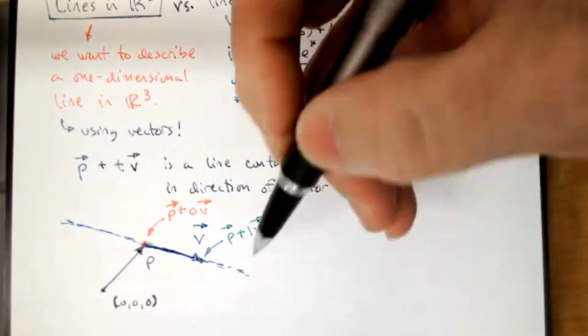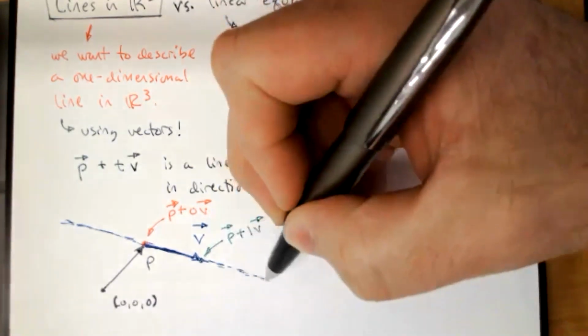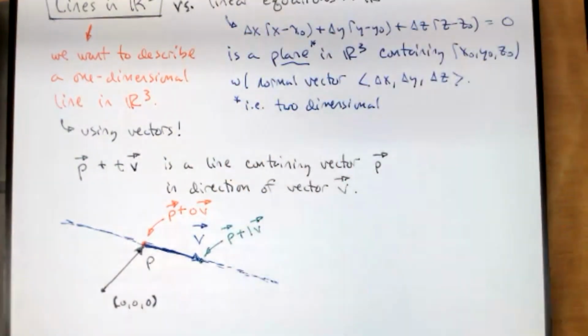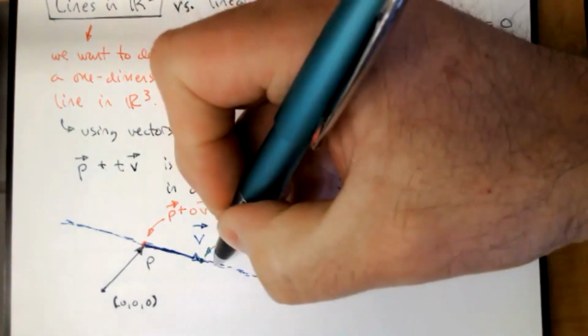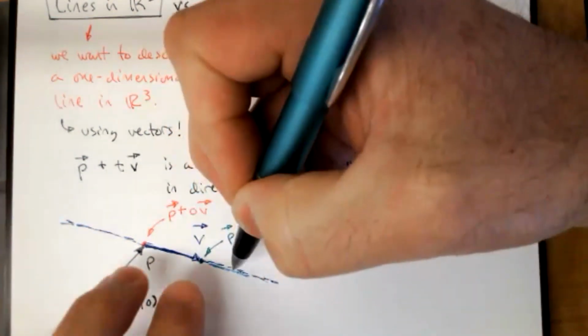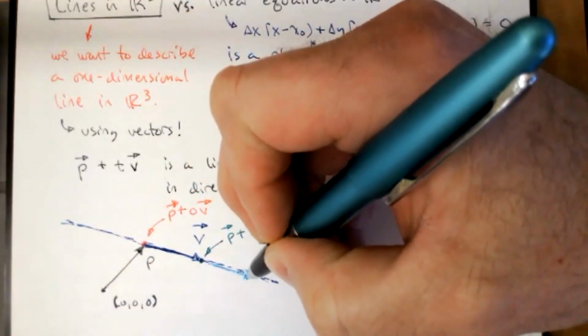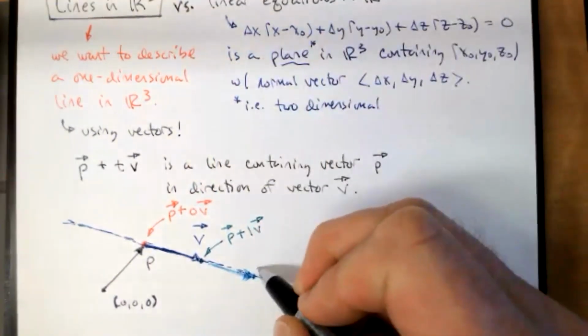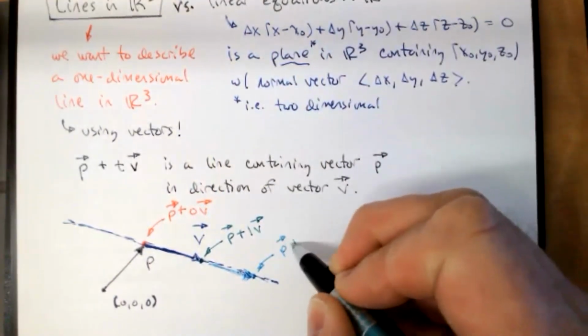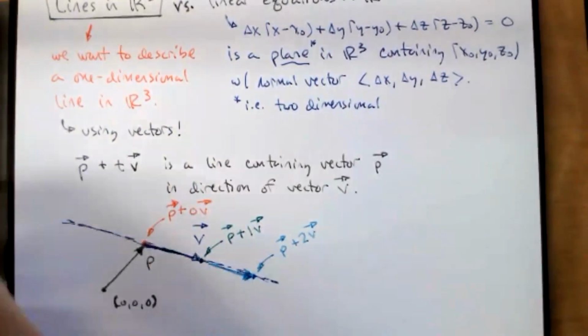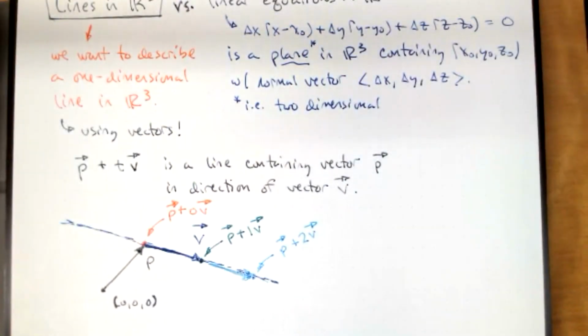I'll take another copy of the vector V. Here we'll be at the point P plus 2V. If we want to get the line on the other side, we just have negative values of t.